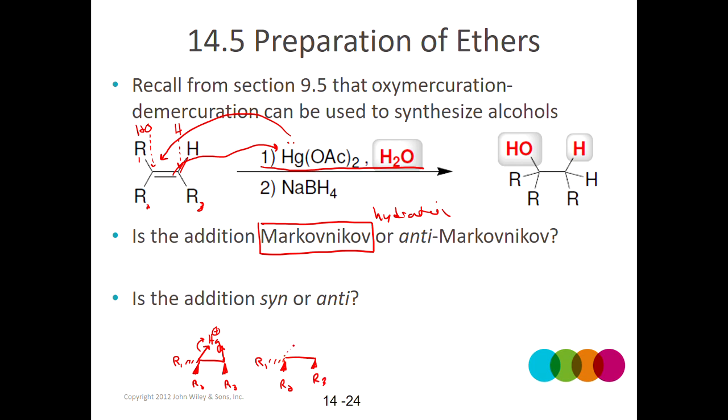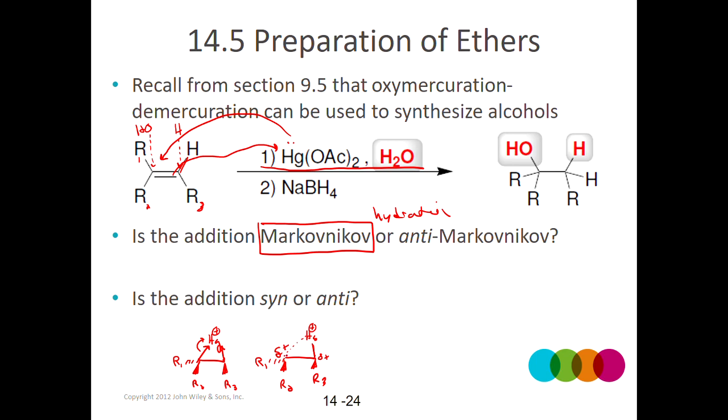This bond will start to break. This bond won't break as much because if electrons get pulled away here and I start to create a partial positive, there's only one R group to donate electrons through hyperconjugation and induction to help stabilize it. Here, there's more hyperconjugation and induction to help stabilize the partial positive that forms.